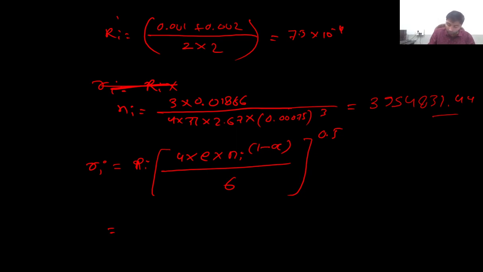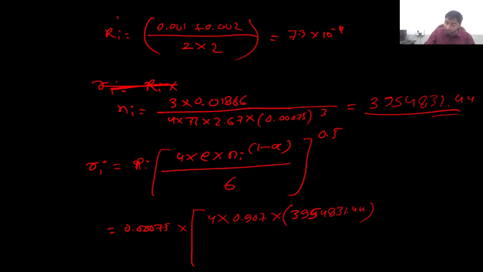The value of capital Ri we have obtained is 0.00075, multiplied by 4 into the void ratio we obtained earlier, 0.907, multiplied by 3954831.44, and the value of alpha is given in the question as 1.349, divided by 6 to the power 0.5.